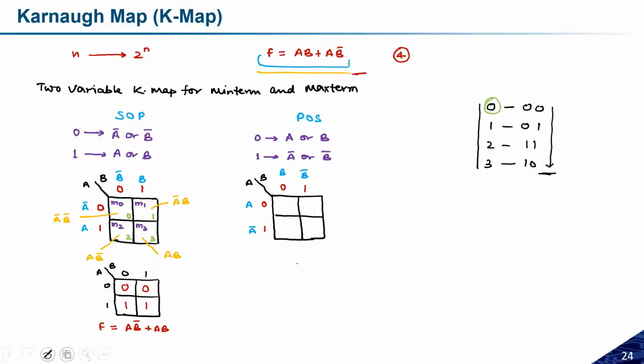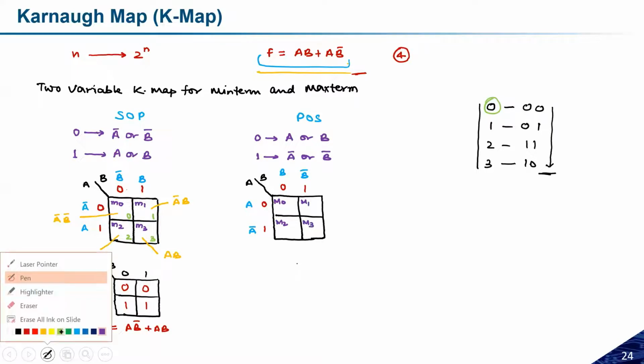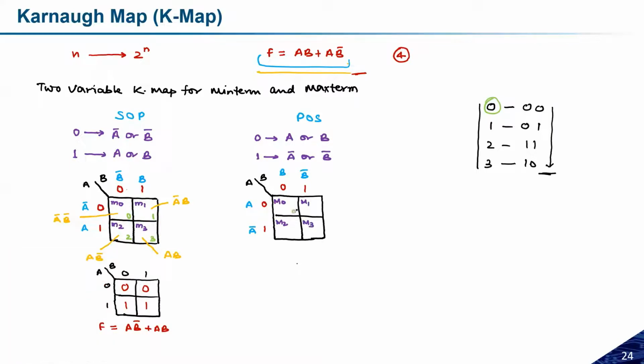And the terms, this indicates M0, M1, M2, and M3. Okay, and the location is simply the same as before, 0, 1, 2, and 3.